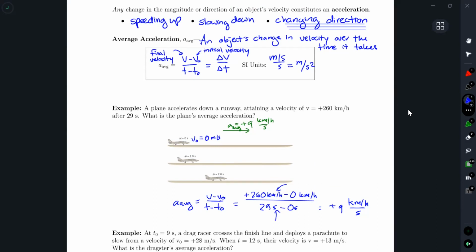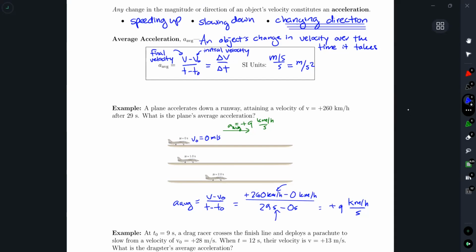That doesn't necessarily mean that absolutely every single second it's changing by exactly that amount. But if that acceleration is constant, it does mean that. Okay, so if your average is actually what it is at every instant as well, then it does mean your velocity is changing by 9 kilometers per hour each second.